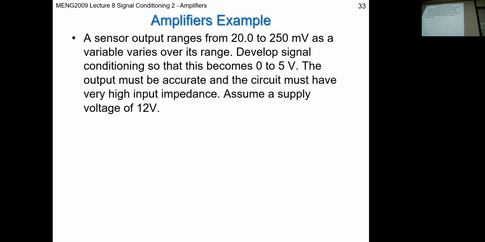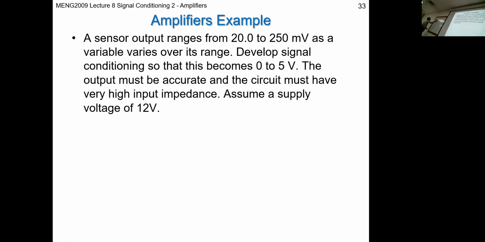So then, our input, let's call it V min, is 20 millivolts, and that has to go to 0 volts, right?